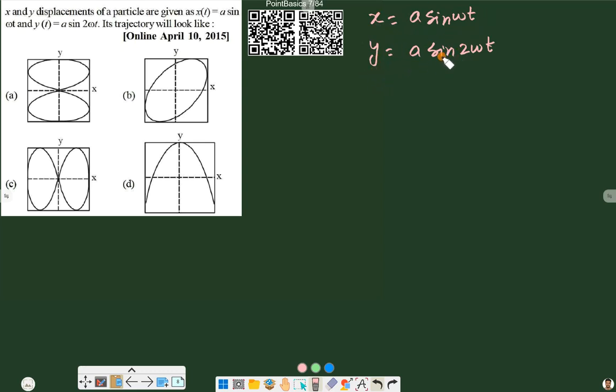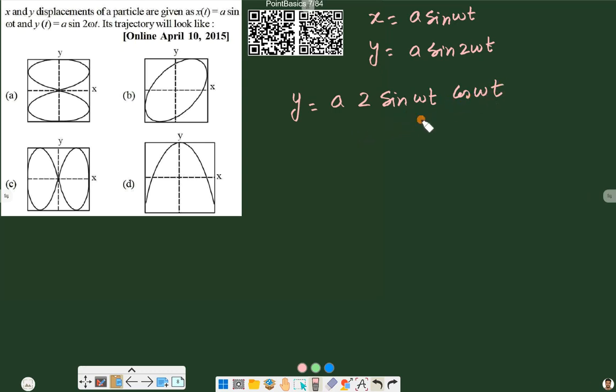So here we have given sine 2 omega t. We can dissociate it into sine omega t cos omega t. So y will be a sine 2 theta, which is 2 sine theta cos theta. So it will be 2 sine omega t cos omega t.